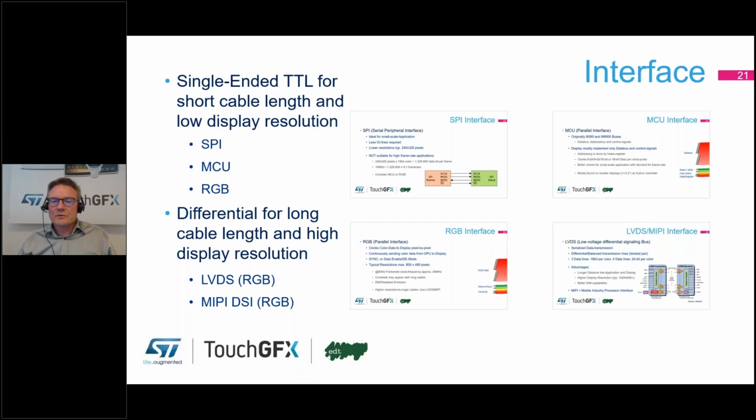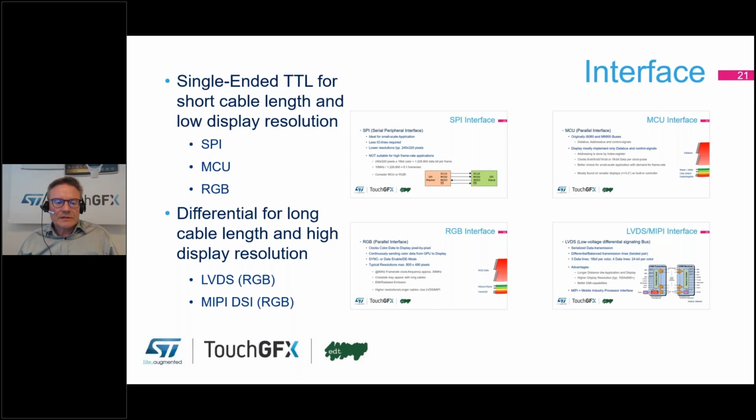But below that resolution, it doesn't really make much sense unless you are striving at running very, very long cable lengths, and that is usually due to noise issues. But obviously, with a higher resolution, you will be running a much higher pixel clock. So obviously, it comes down to noise and how much you can protect your system and do noise filtering.